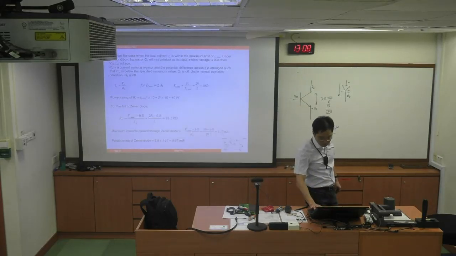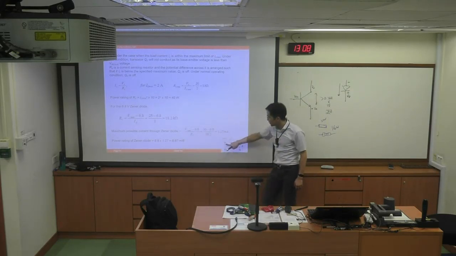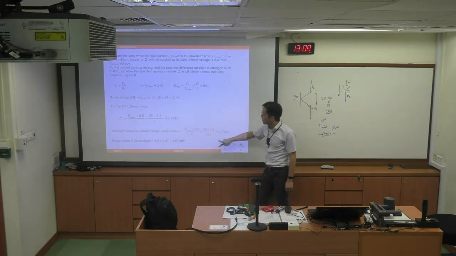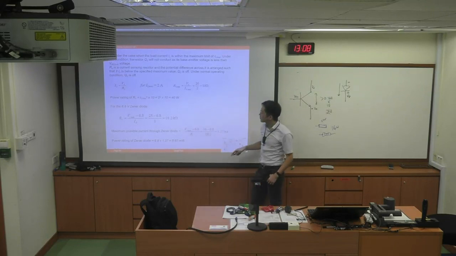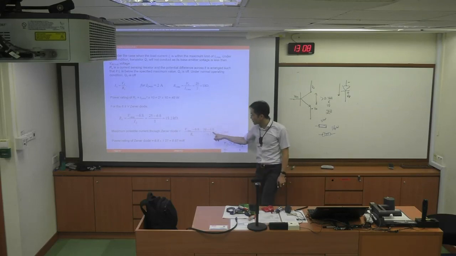And that actually gives us 18.2 kilo ohm for R3. At that point, we calculated 18.2 based on the minimum, which is 25 volt, and for the maximum we put over 30 volt. With the same calculation, 30 minus 6.8 over 18.2 means 1.27 milliamp.